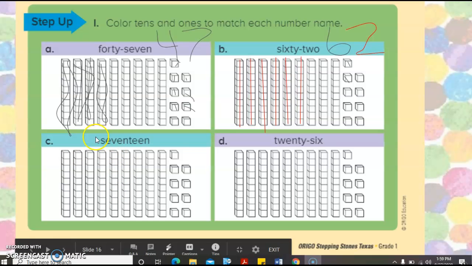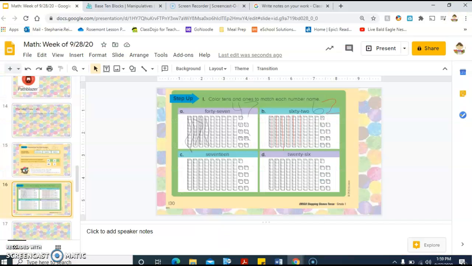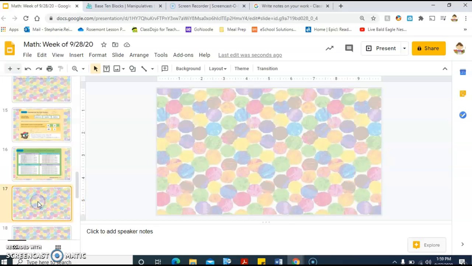So for letter C, I know I have 17. I'm going to draw it right here. So my number is 1, 7. Okay?